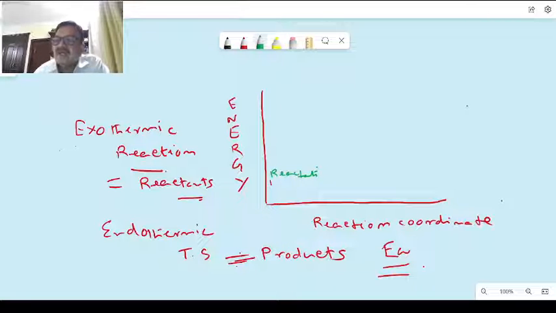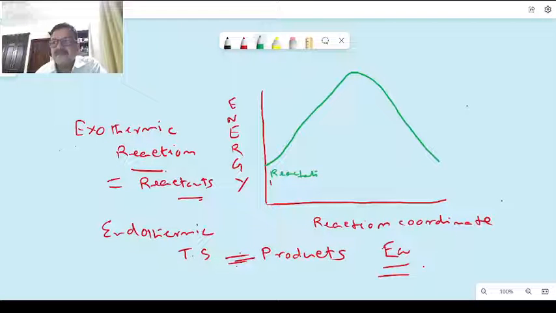So the curve will be more or less the same kind of thing. There is hardly any change in the rate of the reaction, because even if the product energy is lowered, more or less it will go like this.